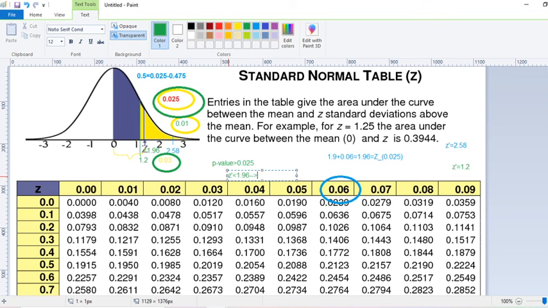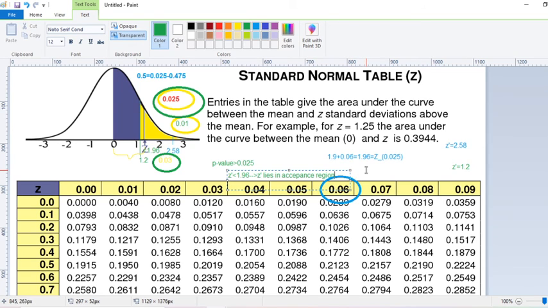That implies z dash lies in the acceptance region, right?